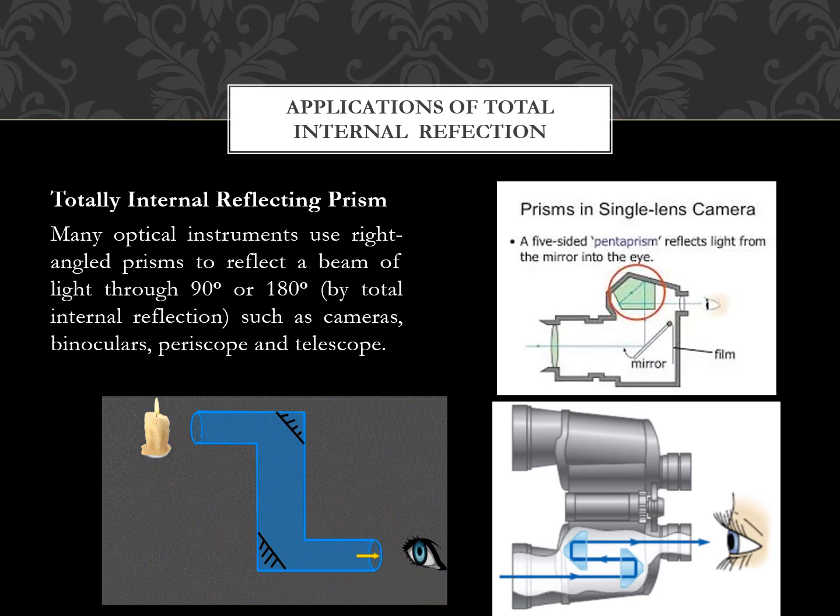Similarly, we have binoculars, as you can see in the figure, that there are 2 prisms, and in each prism there are 2 total internal reflection processes, and after going through these processes, you will see the image clearly. You can expand the image, you can contract the distance.